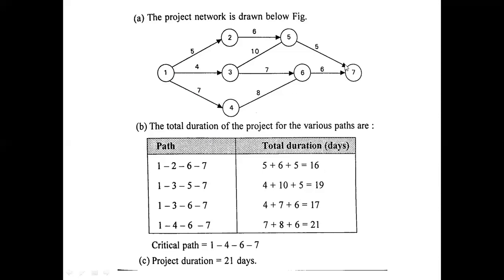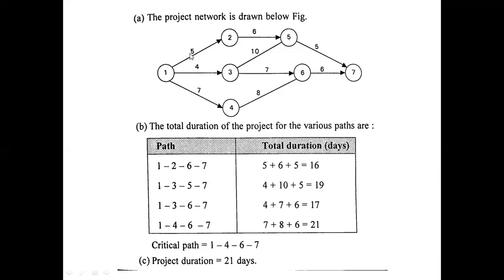1, 4, 6, 7. 7 plus 8 plus 6, which is going to be 15, and 15 plus 6, 21. Okay. And one more path is 1, 3, 6, 7. 4 plus 7, 11. 11 plus 6 is 17. 1, 3, 5, 7. 4 plus 10, 14 plus 5, 19.